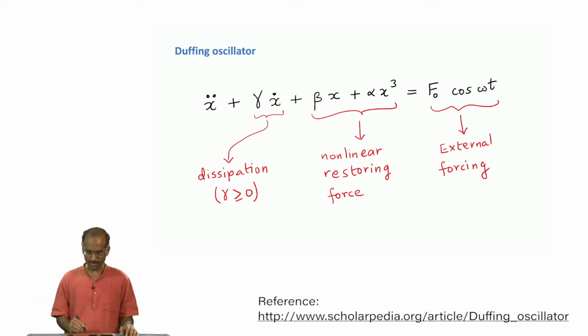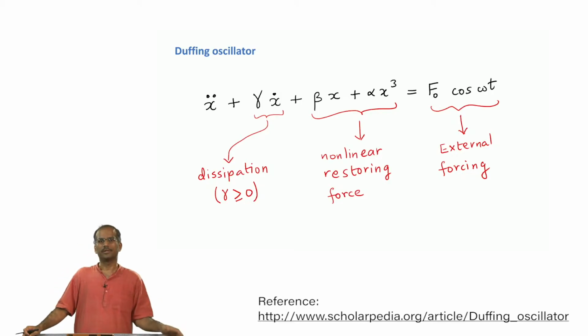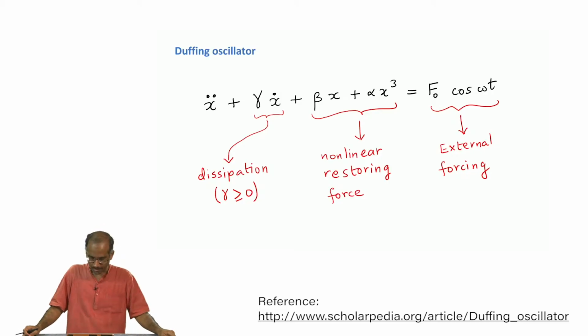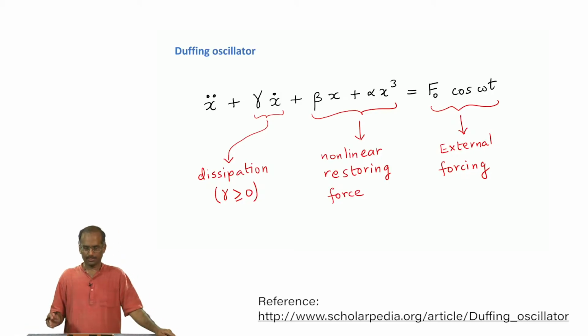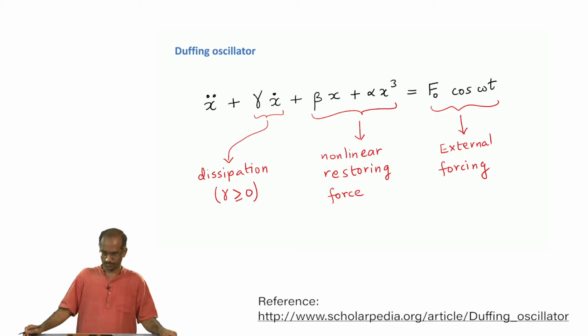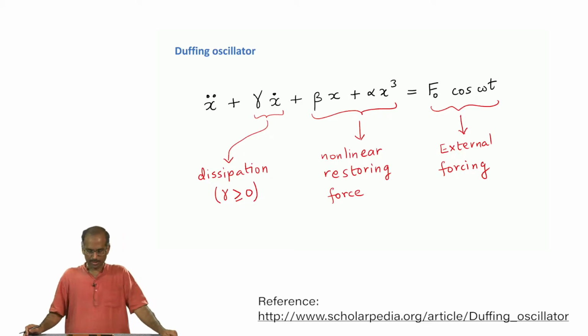So, we have a nonlinear restoring force for our oscillator. So, I have written the force equation for what is called the Duffing oscillator. So, it has this specific nonlinear restoring force which is of this form, beta x plus alpha x cube, and the dissipation is of course proportional to velocity.